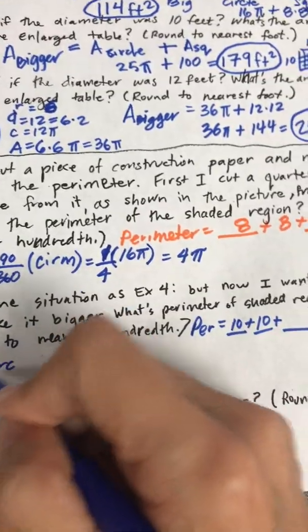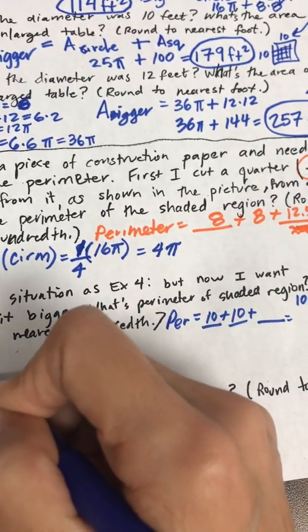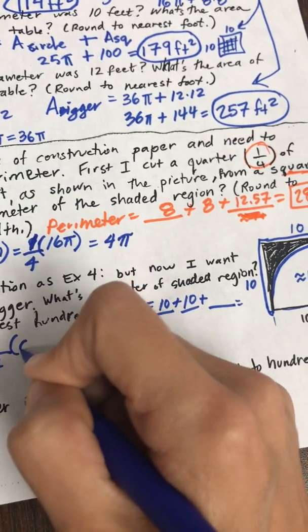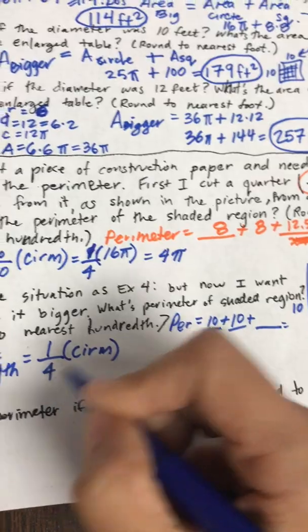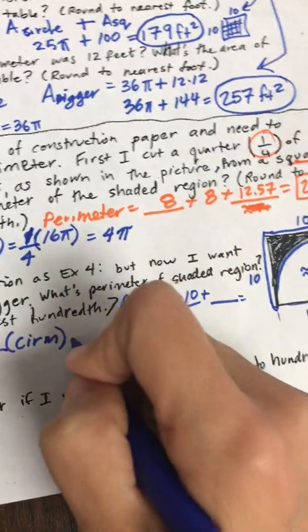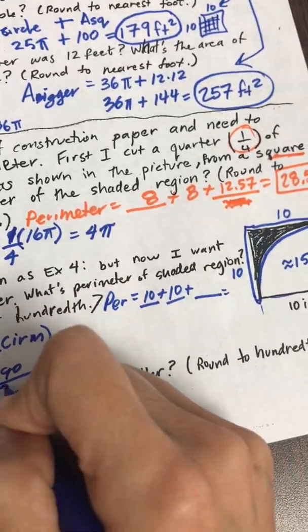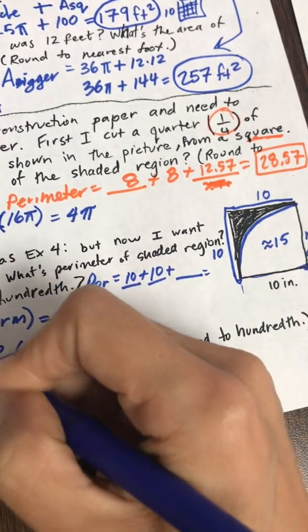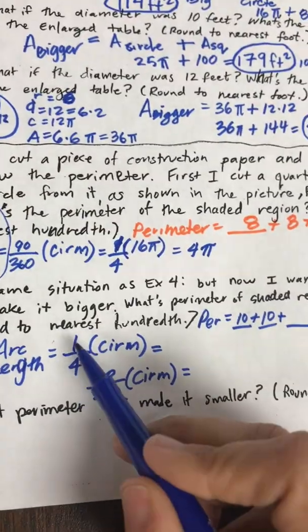So again, what you're calculating is the arc length, and the arc length would be what portion of the circumference do you want? I only want a quarter of the circumference. Again, you could write it like this as well, and hopefully you're understanding that's writing the same thing. Those would give you the decimal 0.25.